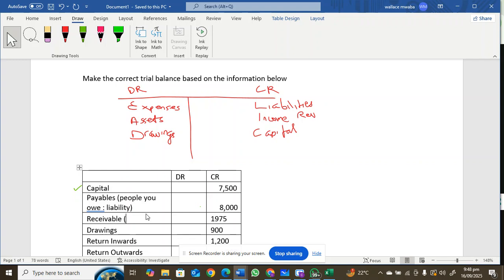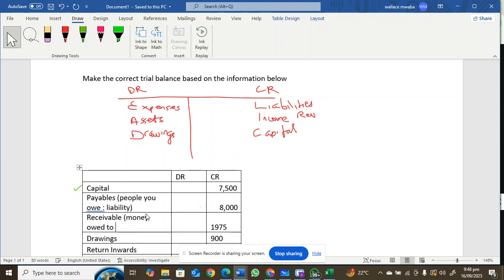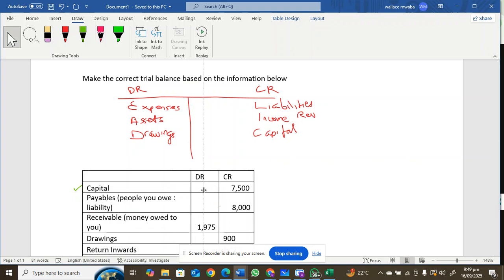Then the debtor is the person who owes you money. Yes. So money that's being owed to you is an asset. So we can see assets on the debit side. So this amount, 1,975, comes on the debit side. So I'll be putting the definitions of these things here so that we do not forget.